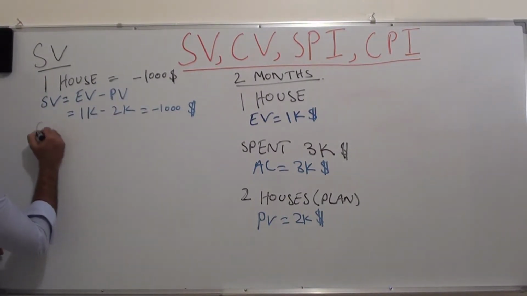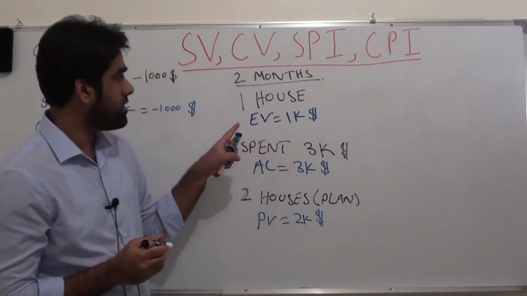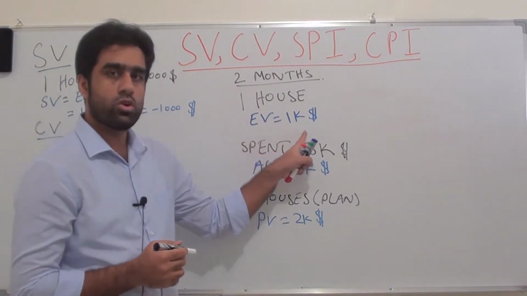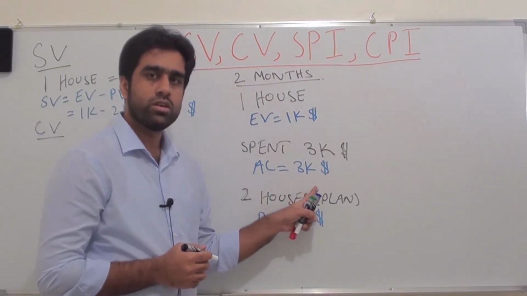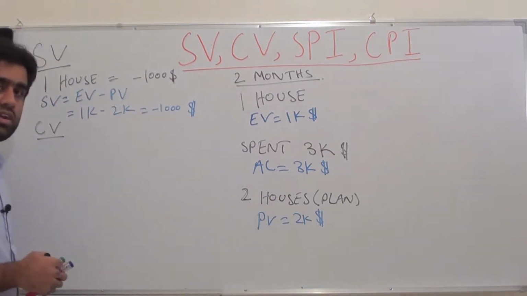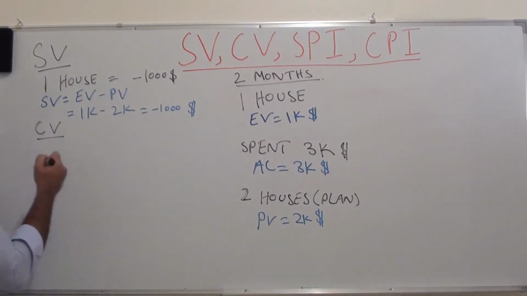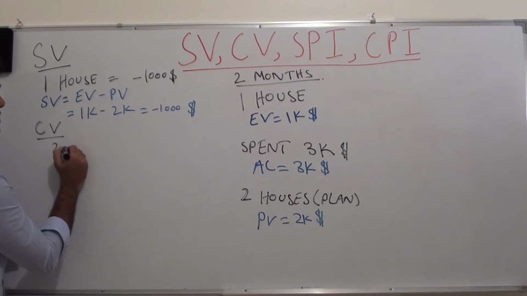What is cost variance? We have earned the work of $1,000, whereas we have spent $3,000. So what is the variance here? We have spent $2,000 extra.